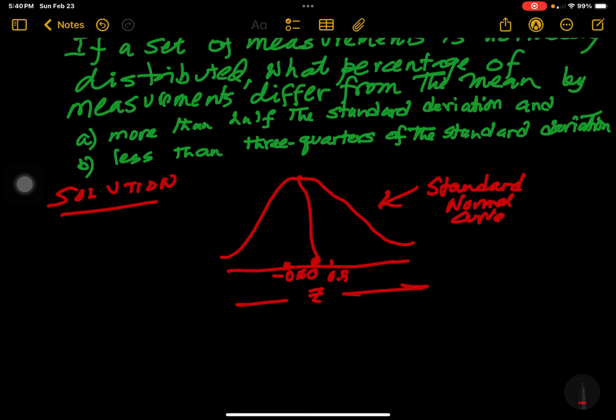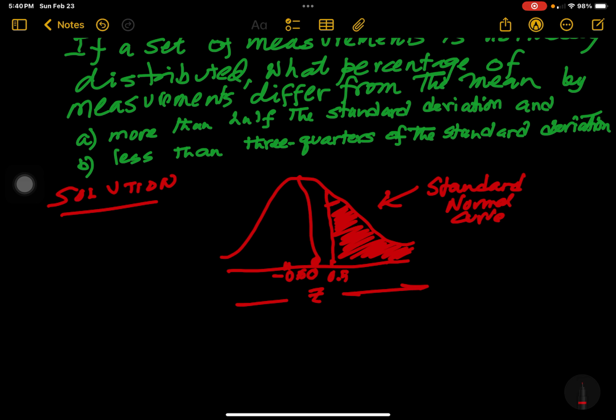So let's work on the right side of the mean, the right side of the vertical line at the center. We want to find the area to the right of 0.5, more than half a standard deviation on the right of the mean.